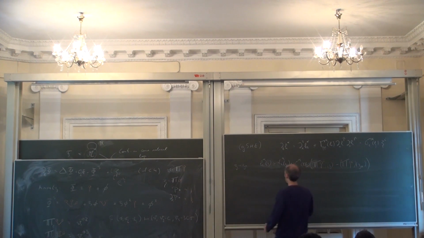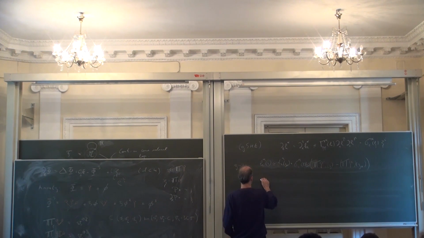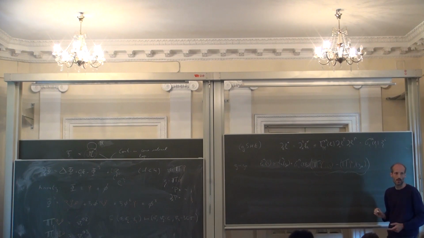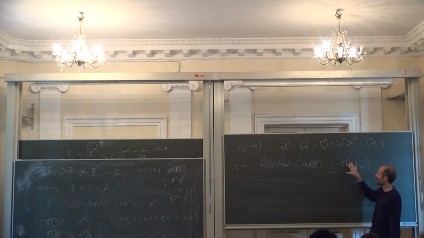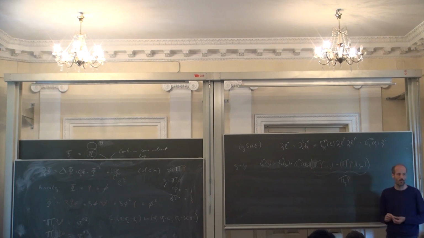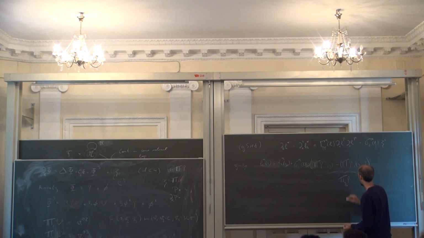And so I'm going to rewrite this. Now you see this is no longer just a function of z, but it depends on the point around which I look. I have to recenter things in a way which depends on that point. So let me call this pi z0 of z, and that's just a definition.